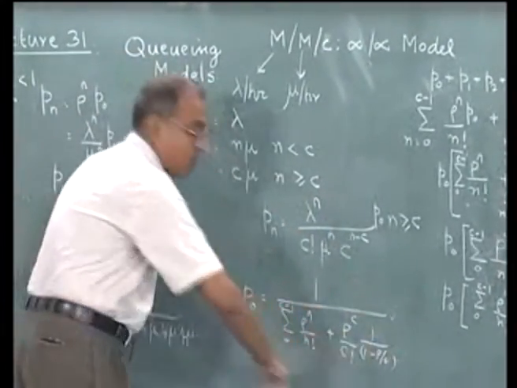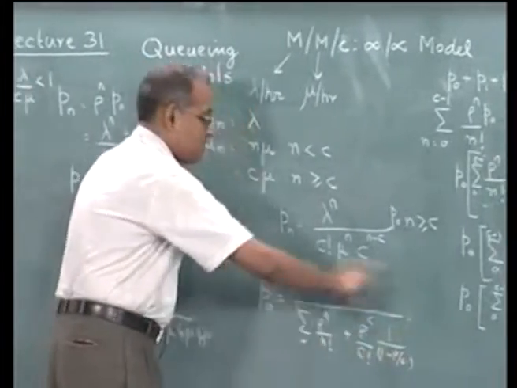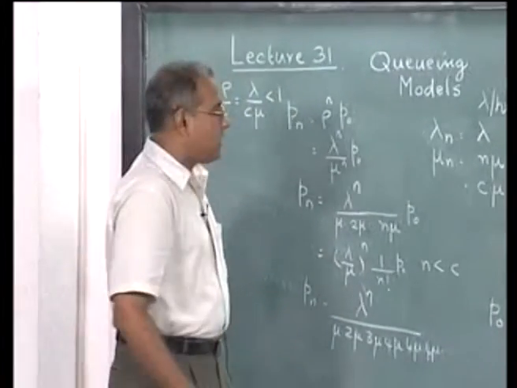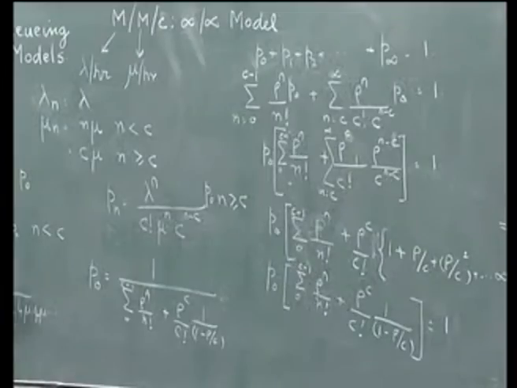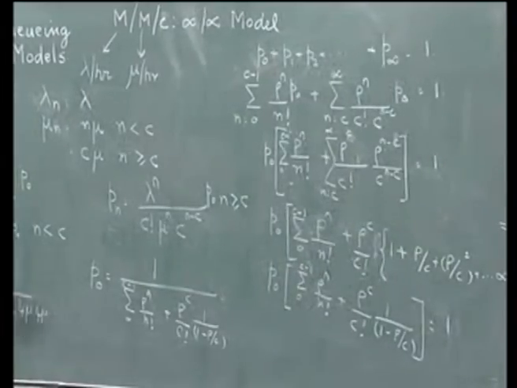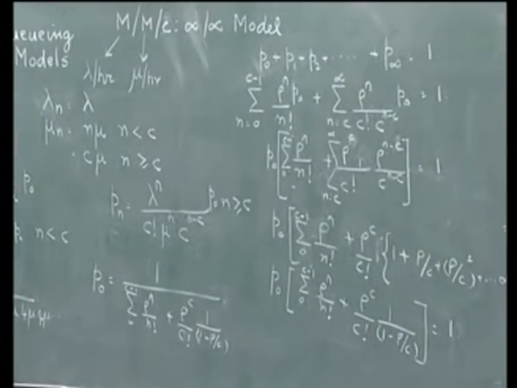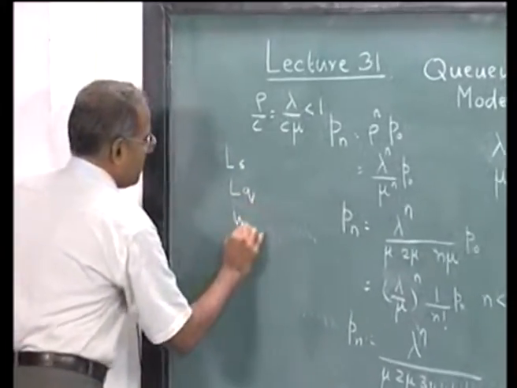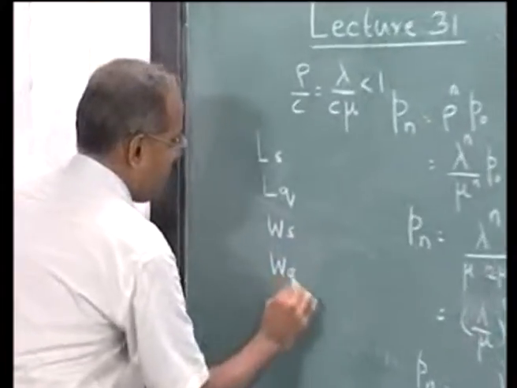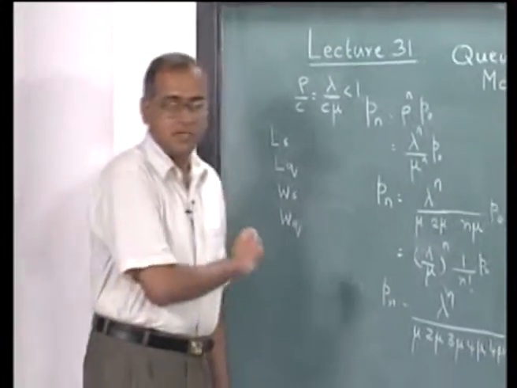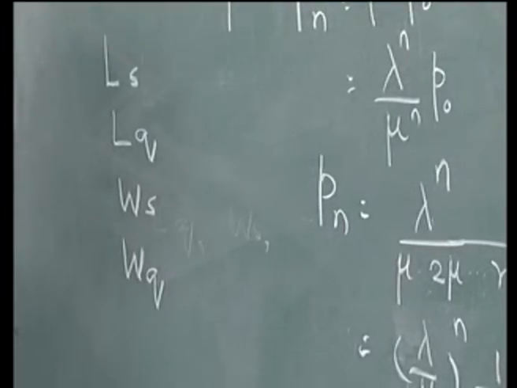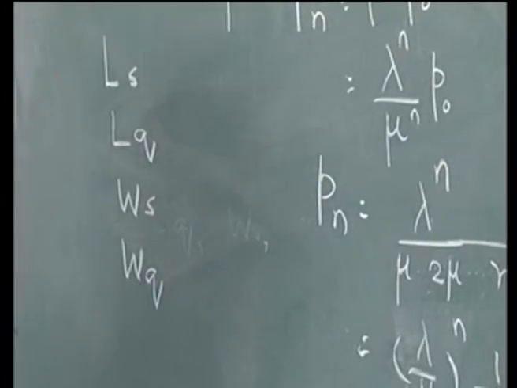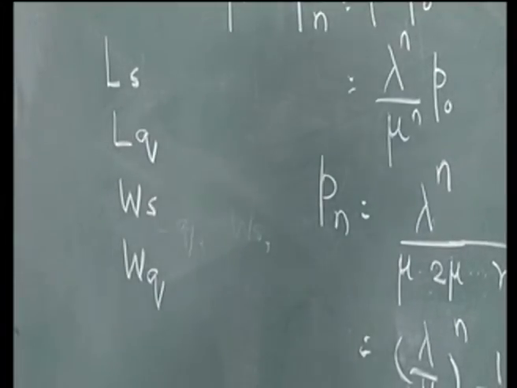For P naught, we can use this expression. So, once we know the expressions for P naught and in general for P n, the other thing that we have to do is to calculate Ls, Lq, Ws and Wq using these expressions. The computation of Ls, Lq, Ws, Wq we will address in the next lecture.